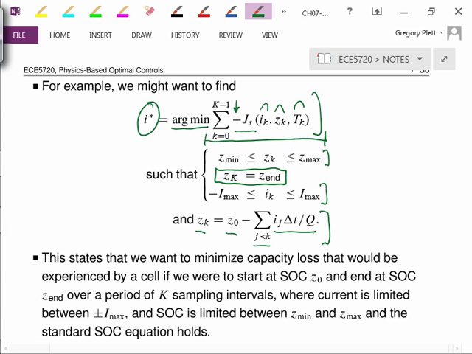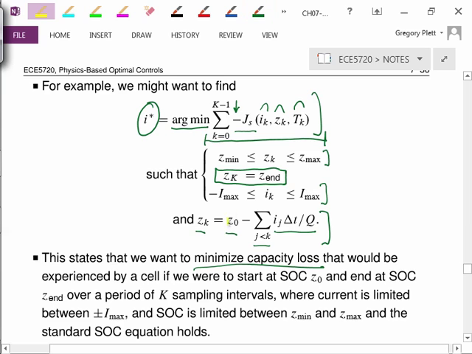So again, in words, we're saying we want to minimize capacity loss that would be experienced by a cell if we were to start at the state of charge Z0, which is there in all of the equations, and end at SOC Z end, which is there at all of the equations, over a period of k sampling intervals.